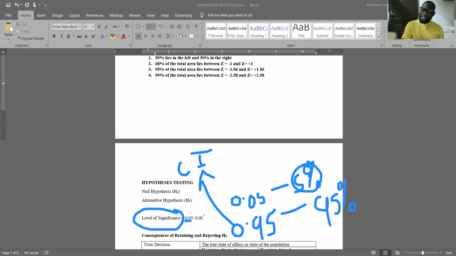In pure sciences, they set their level of significance very high by using 0.01 sometimes. So when they use 0.01, it means that they want the error to be less. That's 1% error.